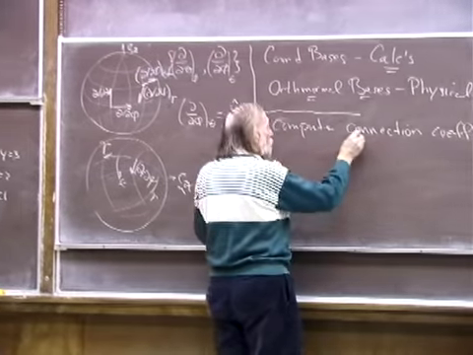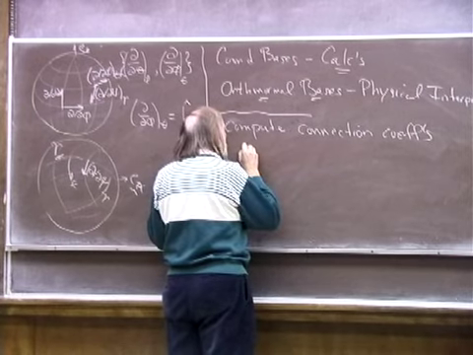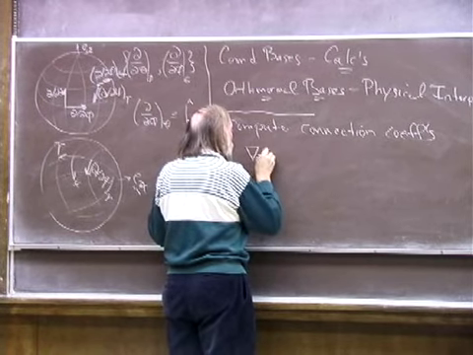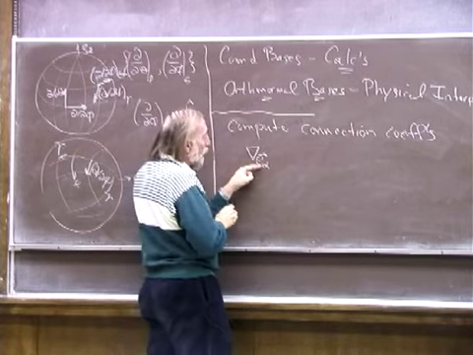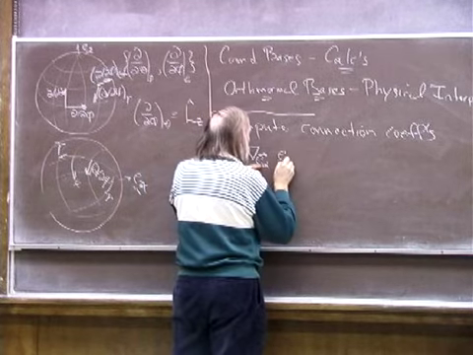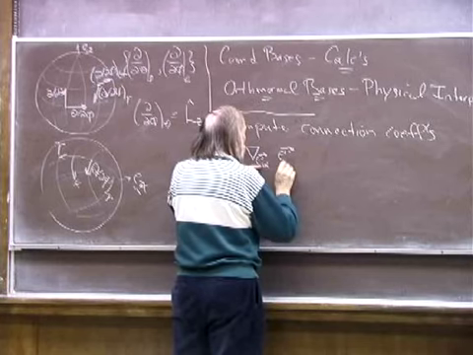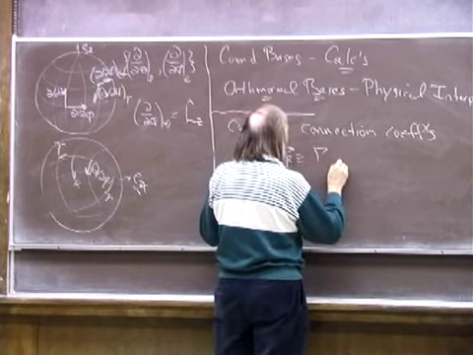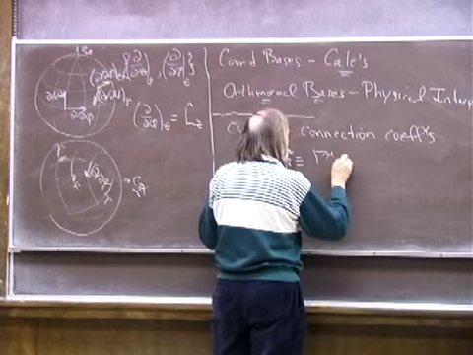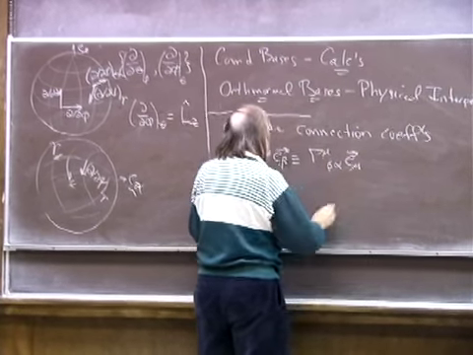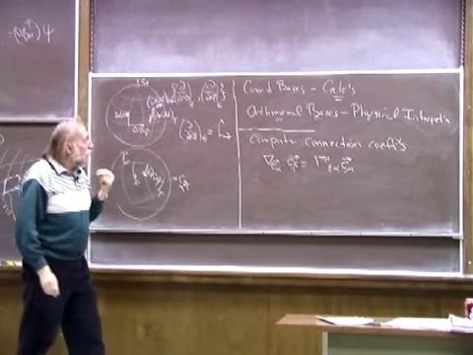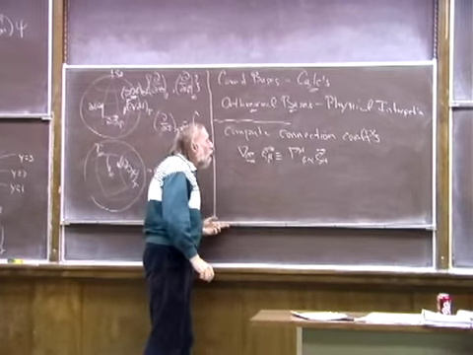So the connection coefficients, you'll recall, are not defined until you have introduced a basis, and then they are defined by the fact that the derivative along a basis vector of another basis vector is this connection coefficient times a basis vector.